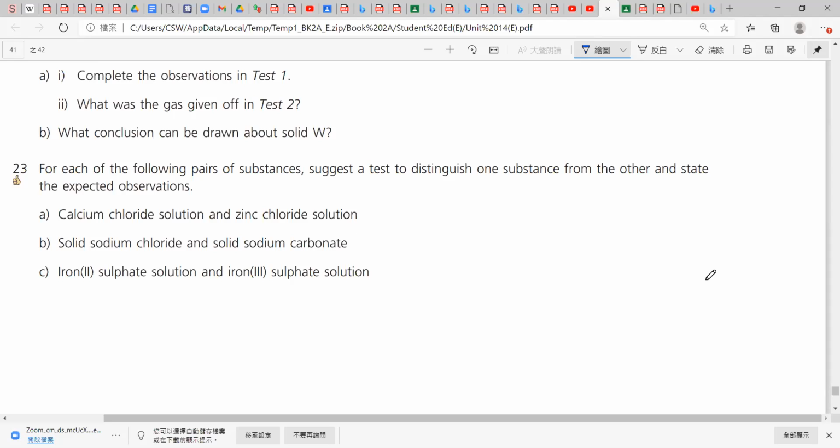Question 23. For each of the following pairs of substances, suggest a test to distinguish one substance. Distinguish 分辨啊。琴日講咗噶啦，就同 identify 唔一樣啊。呢個就叫做辨認。Which one is of a higher level of requirement is identification, right?